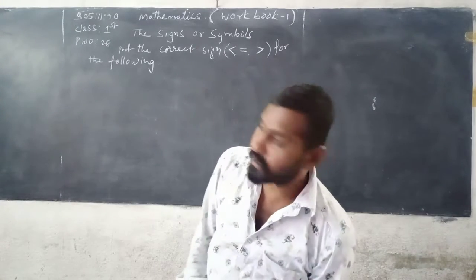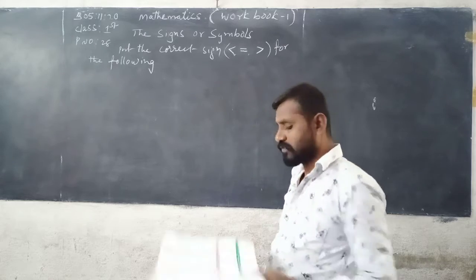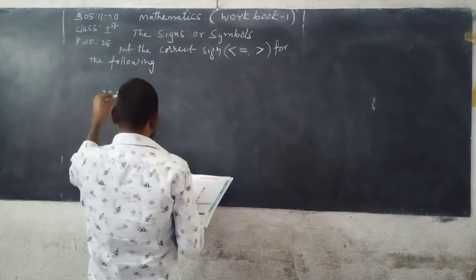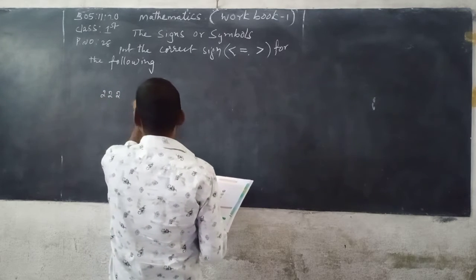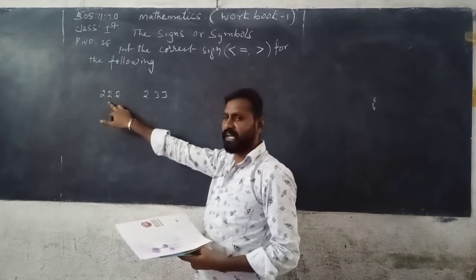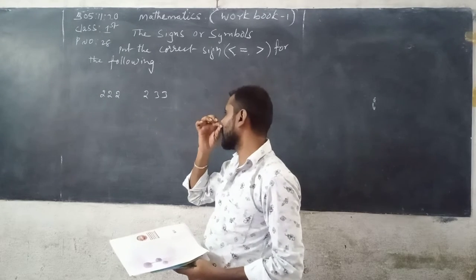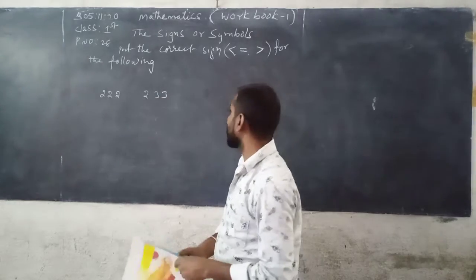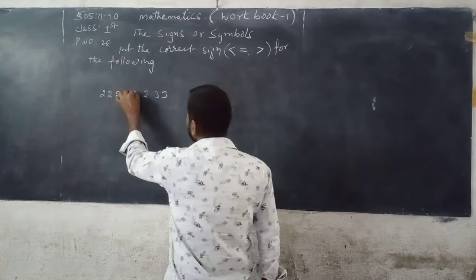According to our workbook, the first one is 222 and 333. See here, 222 is smaller than 333, and 333 is the bigger number. So you can use the less than symbol.